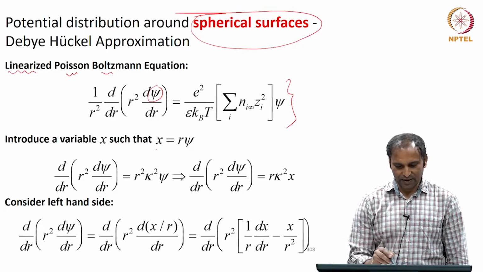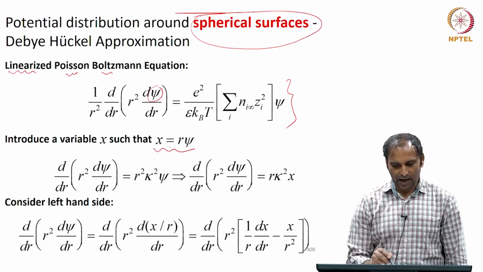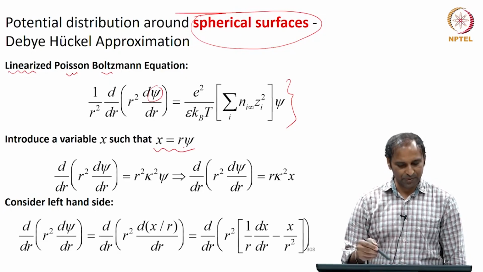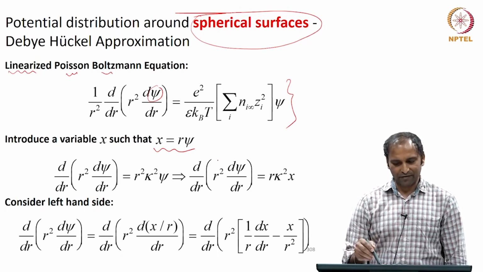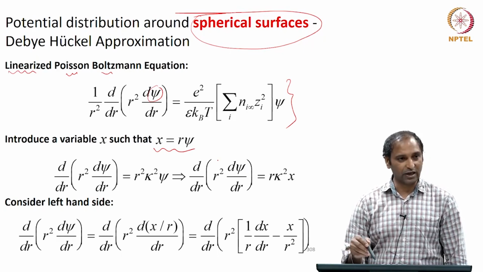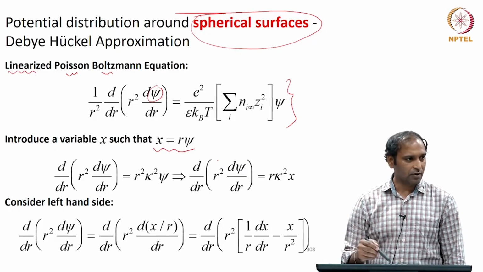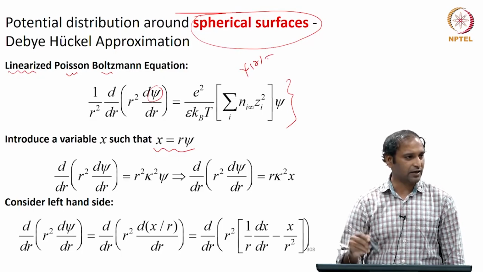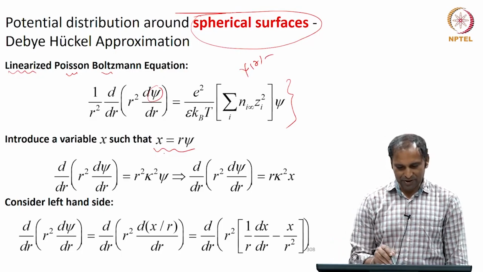If I substitute x as r times psi, it is a simple step, because we would like a differential equation which I can eventually solve to get an expression for how psi varies as a function of r. That is what we are after.